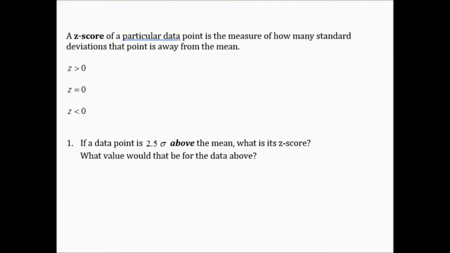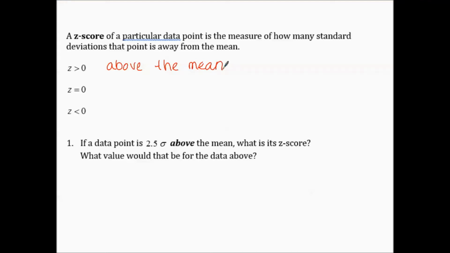Now, ultimately, we are interested in z-scores. A z-score of a particular data point is the measure of how many standard deviations that point is away from the mean. So, if a data point has a z-score that is greater than 0, that means that that data point is above the mean.